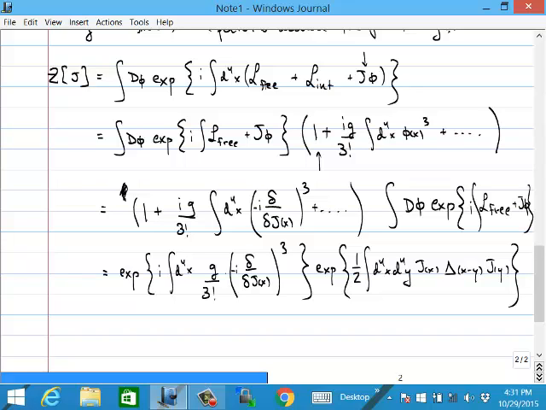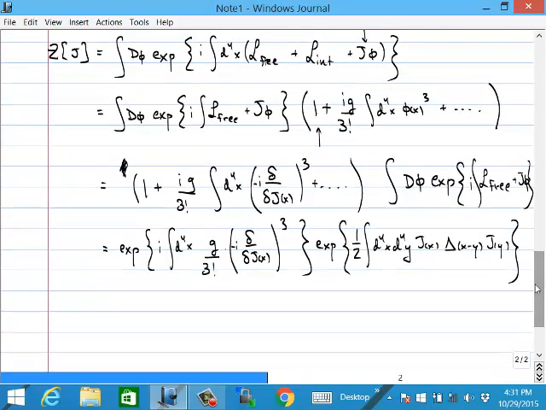Now, this is still a very complicated beast to compute. And this is not something in general that we'll even try to compute exactly. The important point is that I can now expand this out to any desired order in g that you like. In particular, I'd like to imagine expanding out the exponential.